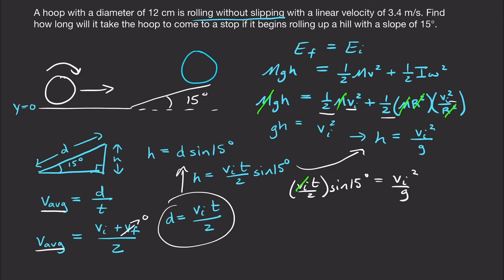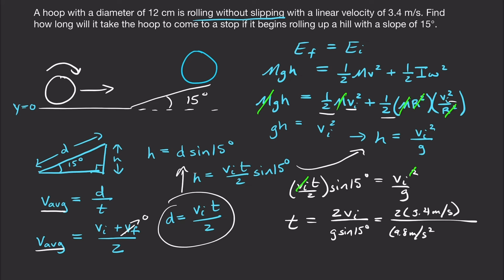So one of our vi's is going to cancel, and we can solve for time. So here, for time, we're going to divide by sine of 15 and multiply by 2. So this will be 2 times vi divided by g sine of 15 degrees, or 2 times our initial speed, 3.4 meters per second, divided by 9.8 meters per second squared times sine of 15 degrees. And that's going to equal 2.68 seconds.